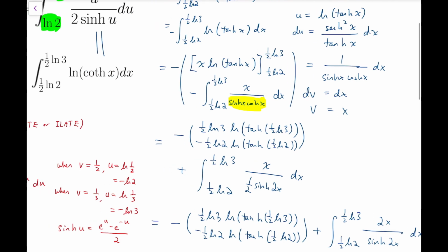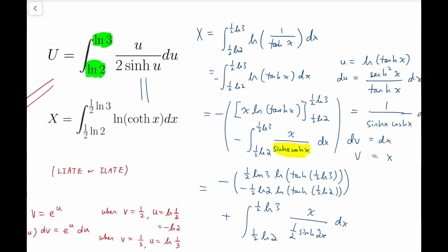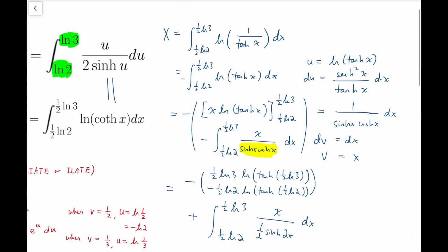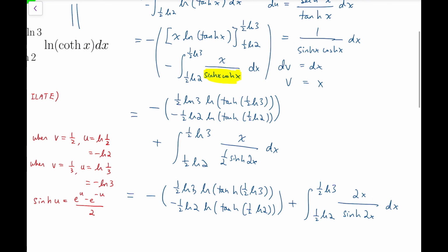And if you look back at the integral U, it's really close. I'm just one very simple substitution away, which is to rewrite 2x as u, and then we will be done.